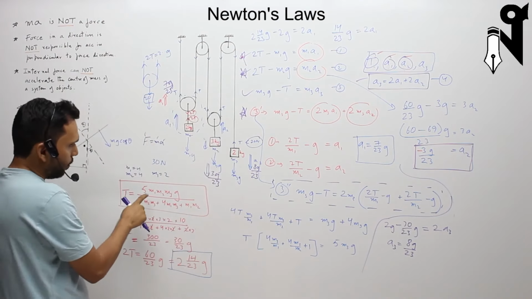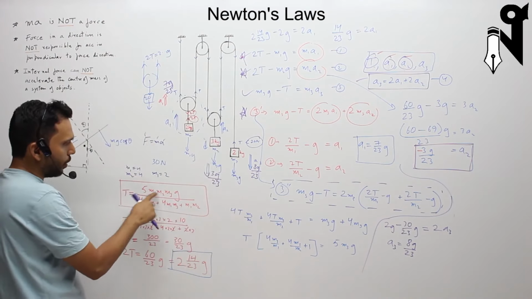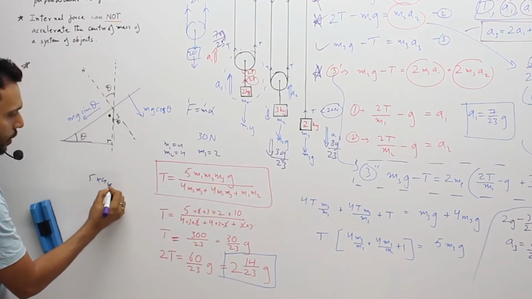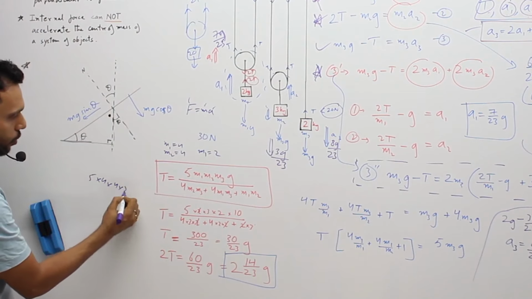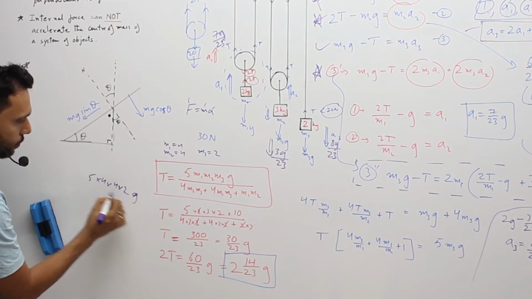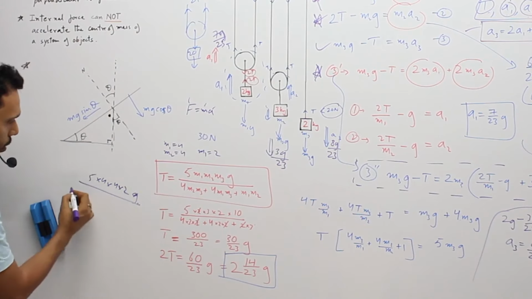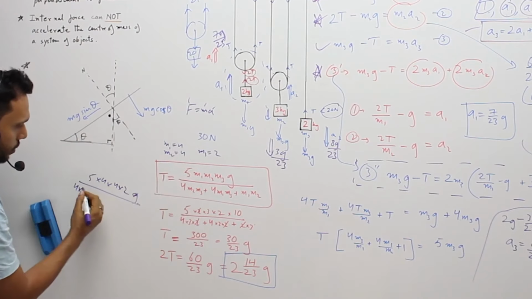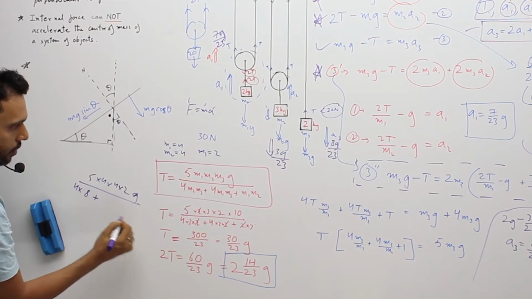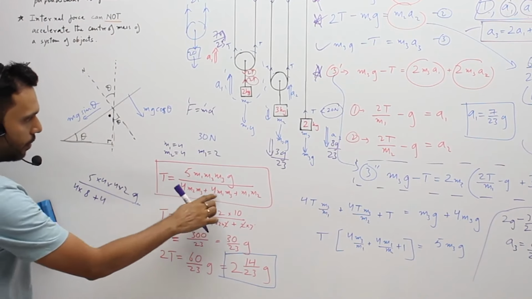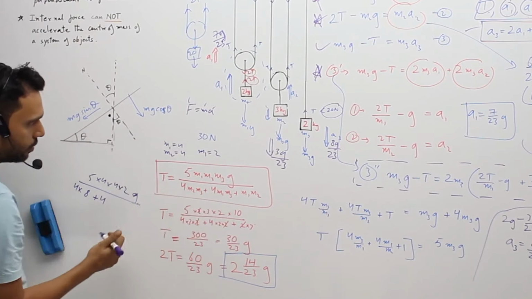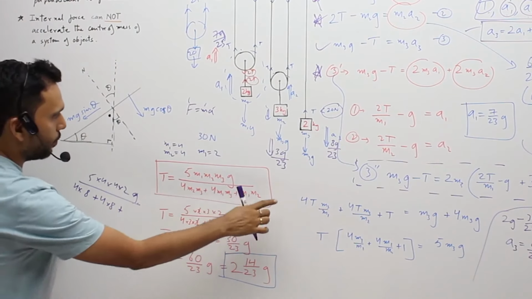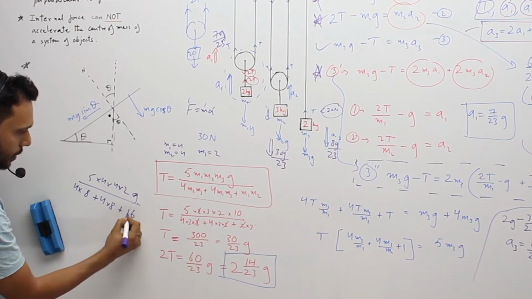So let us see. When I have 4, 4 and 2, what do I have on top? I have 5 into 4 into 4 into 2 on top with a g. And on the bottom, I have got 4 into m2 and m3, so that's 8. Then 4 into m1 and m3, so that's 8 again, plus m1, m2, so that's 16.